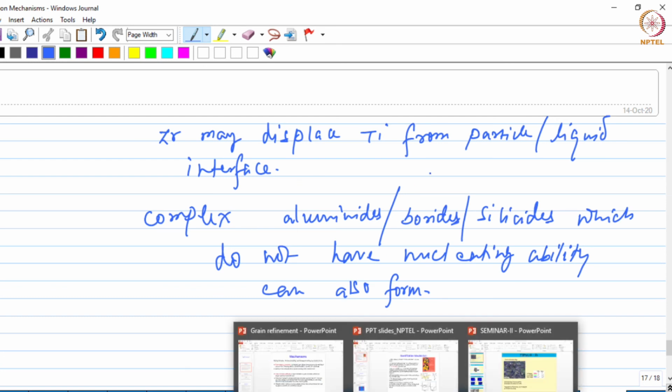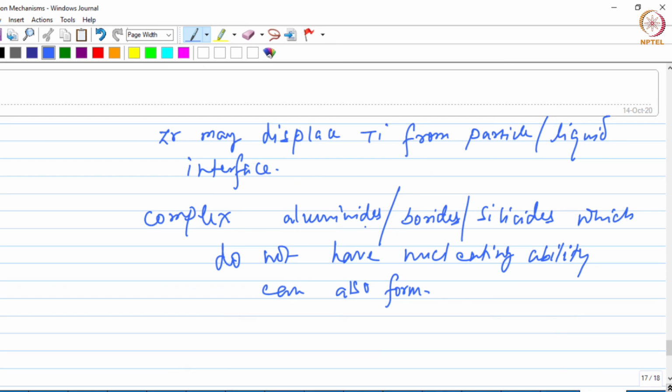Okay, so this is how the poisoning occurs due to the presence of certain elements like that, which will poison the actual grain refinement element which is being added to the melt.